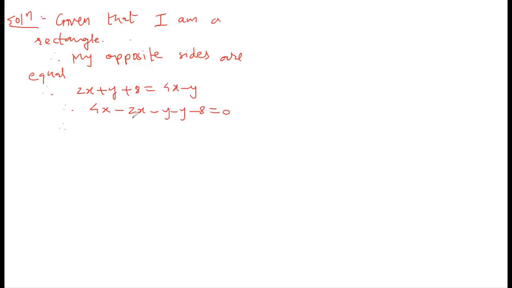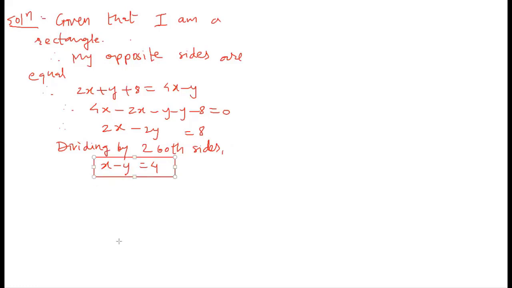So therefore 4x minus 2x becomes 2x, minus y minus y becomes minus 2y, minus 8 becomes plus 8 on the other side. Let's divide this equation by 2. So after dividing by 2, you will get x minus y equals 4. So this is your equation 1.